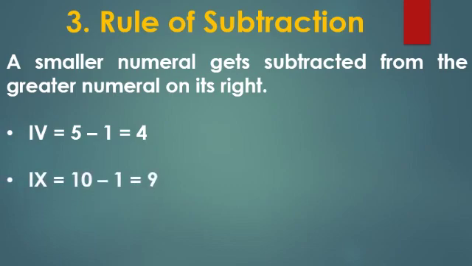Now the value of X is 10, the value of I is 1. So IX is equal to 10 minus 1 is equal to 9. And the last example is XL. So the value of L is 50, the value of X is 10. So your answer is 50 minus 10 is equal to 40.